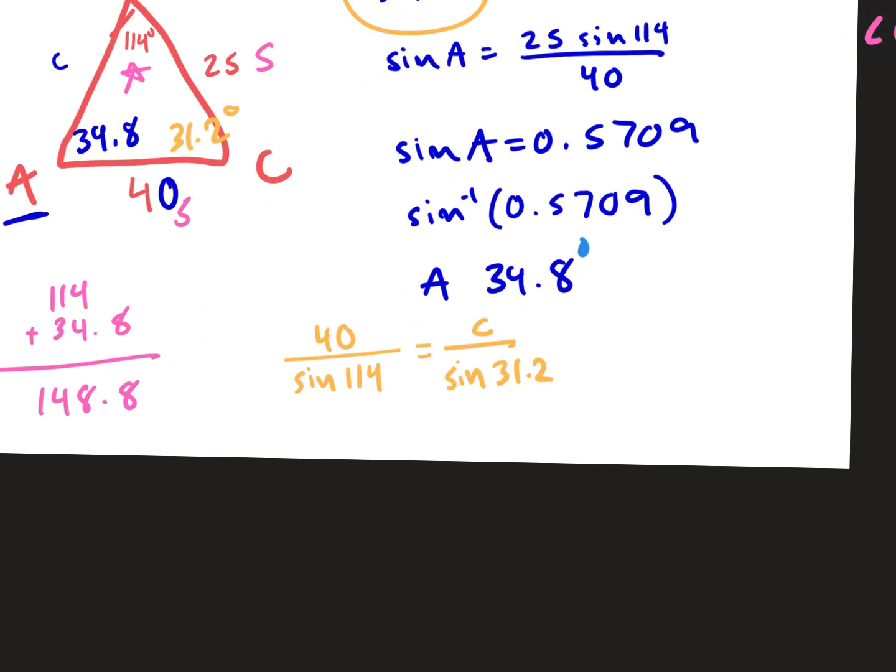So cross multiply and divide. So we get C is equal to 40 times sine of 31.2 over sine of 114. Put this into the calculator. So I get C is equal to 22.7.